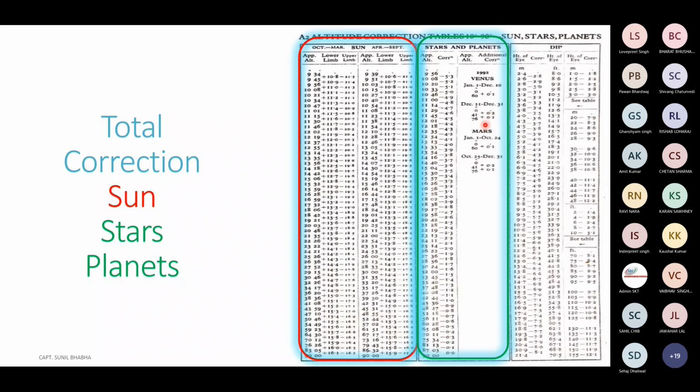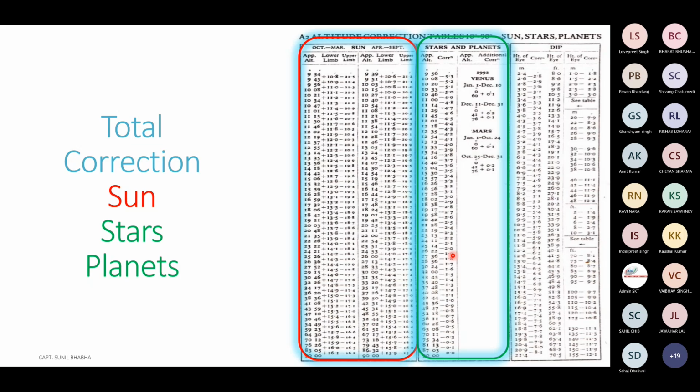For 41 to 76 degree apparent altitude, the correction is plus 0.1 minutes. So the correction has to be picked up from the second part of the table, the additional correction, and the additional correction has to be applied in addition to the total correction obtained from the total correction table against the apparent altitude of the body.